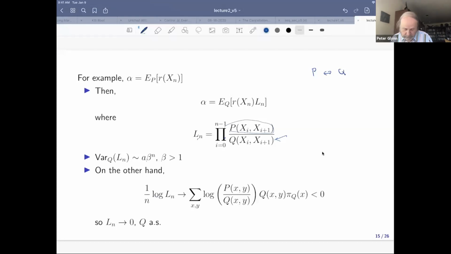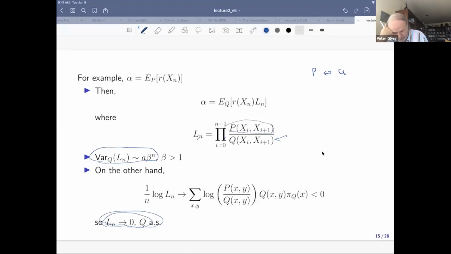And of course, that's basically saying that Ln decays to 0 exponentially fast in n. So not only does Ln go to 0, Q almost surely, when you apply the dynamics of Q, but it even goes to 0 exponentially fast in n. So Ln is going to 0 exponentially fast, but up here, the variance of Ln is exploding to infinity exponentially fast.